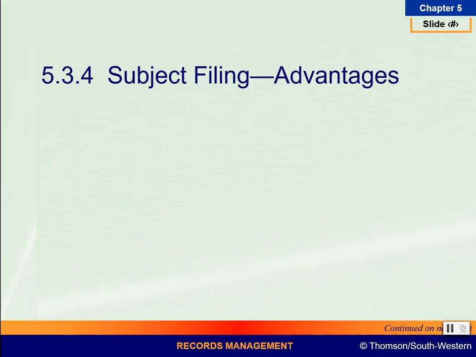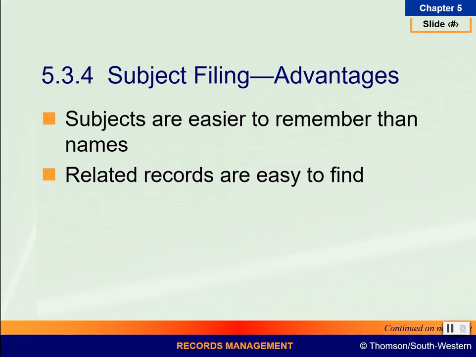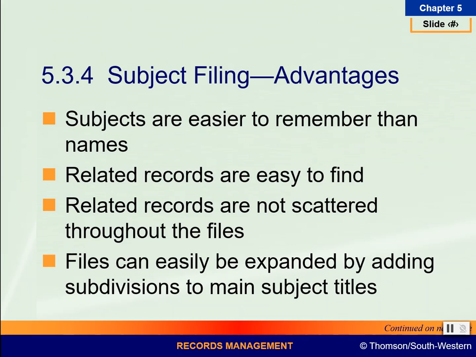Now we are going to the last part, which is the advantages as well as the disadvantages of subject filing. The subjects are easier to remember than names, and the related records are easy to find and are not scattered throughout the files. Files can easily be expanded by adding subdivisions to the main subject title.